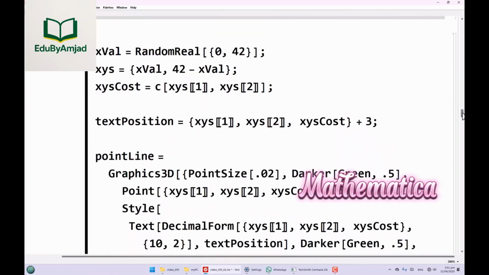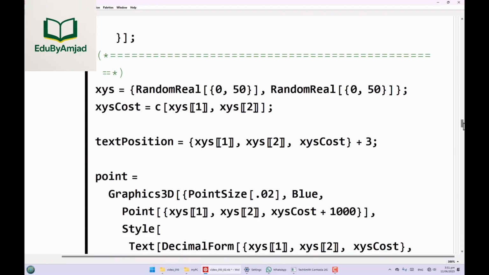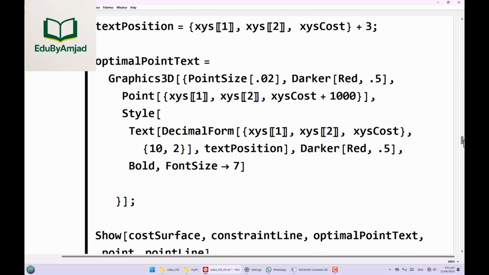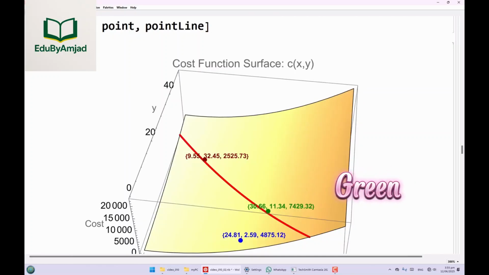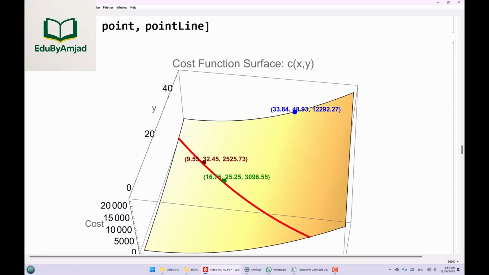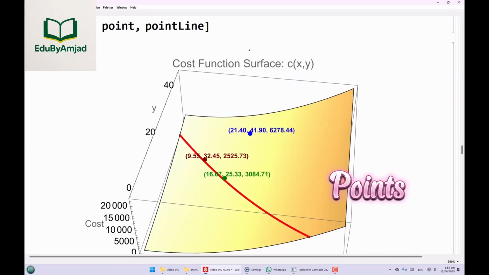Have a look at the Mathematica code for the following important diagram. In this diagram, blue and green points are randomly generated. With each keystroke, these two points change.